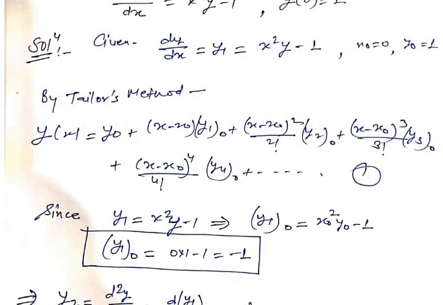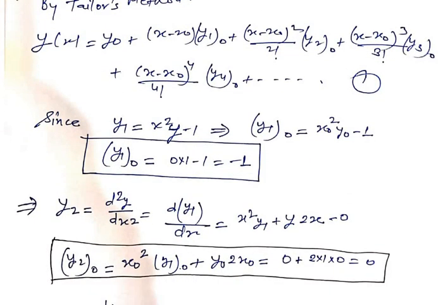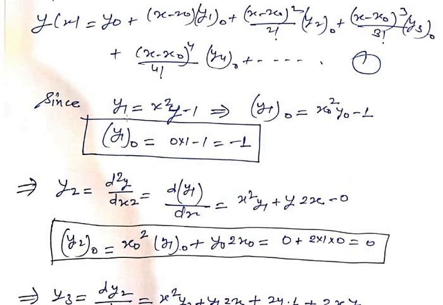Now before applying this formula we will calculate derivatives and their values. Since y1 is given as x square y minus 1, what is y1 at 0? y1 at 0 means y1 at x equal to x0. So put x0, y0 here, because y at x0 is y0.